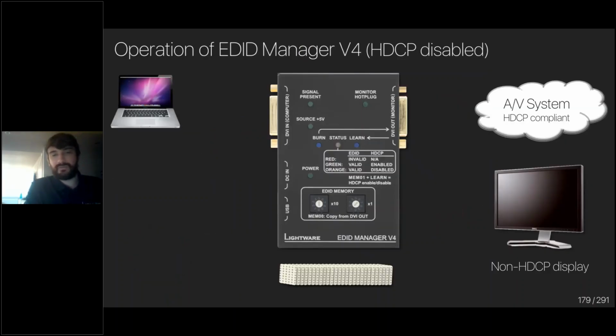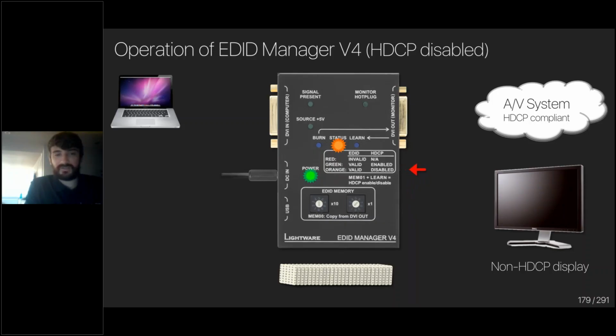So what if you have an already existing AV system that's HDCP compliant and you don't want to buy a new switcher? Well, all of this same functionality, a lot like with the EDID management, is not just on the ports on our devices, but also in this standalone EDID manager. So what you can do is set the memory location to 01, hold down the learn button, and that status LED will change color.